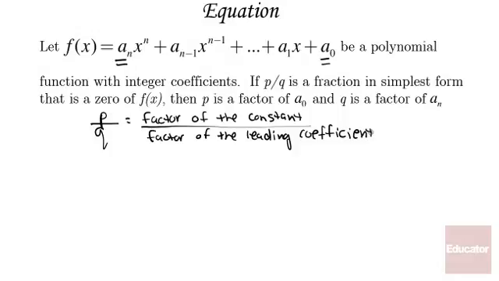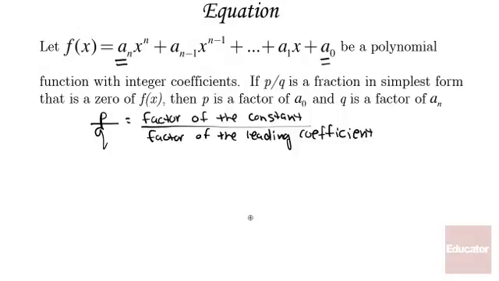Using the rational zero theorem, I can make a list of the factors of the constant, make a list of the factors of the leading coefficient, and then find all possible combinations using the factors of the constant as the numerator and the factors of the leading coefficient as the denominator. Find all the possible combinations, and that'll give me a list of possible rational zeros.